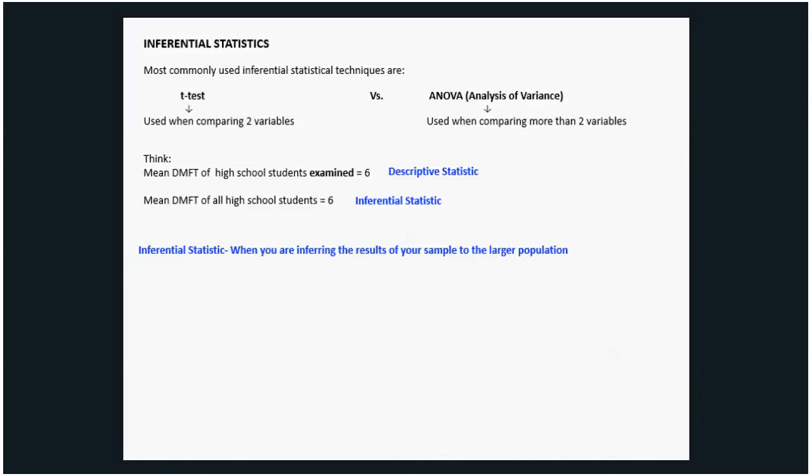So the thing you need to remember about inferential statistics is when you're inferring the results of your sample to the larger population, that's when you use inferential statistics. With descriptive statistics, you are looking at your sample, and then you're comparing your sample to other samples.